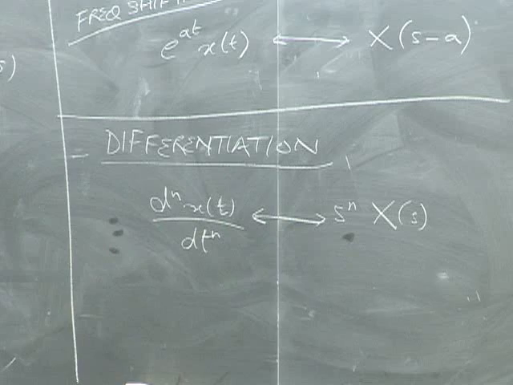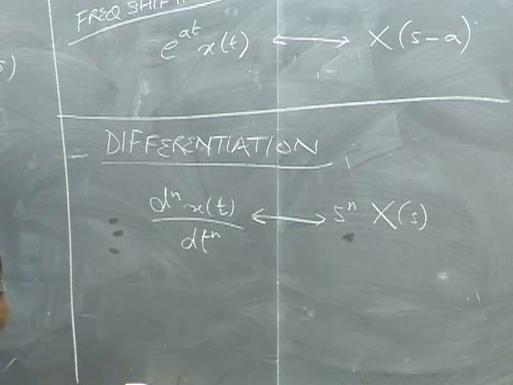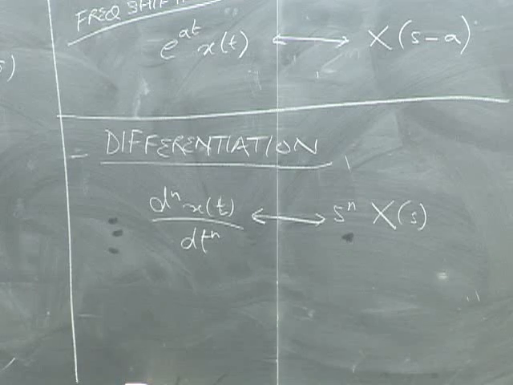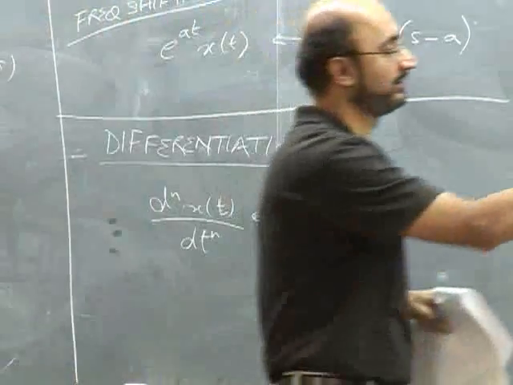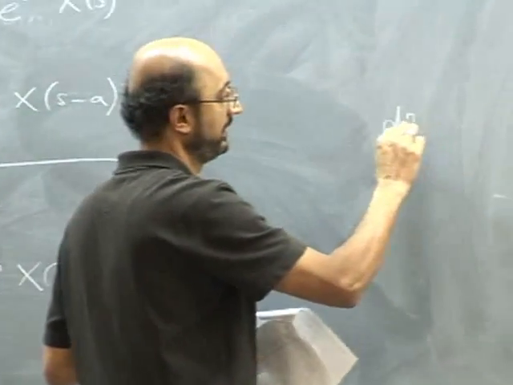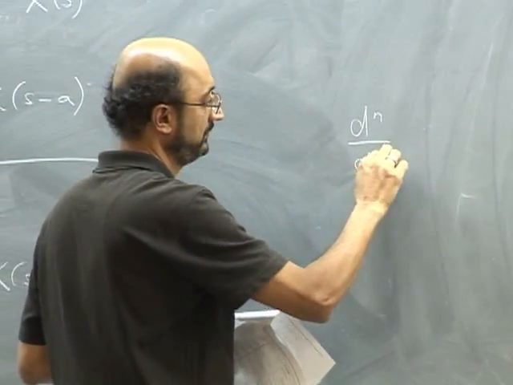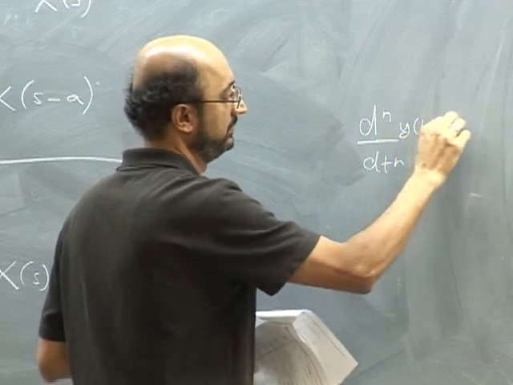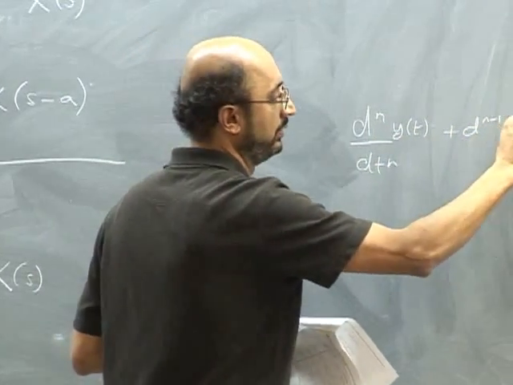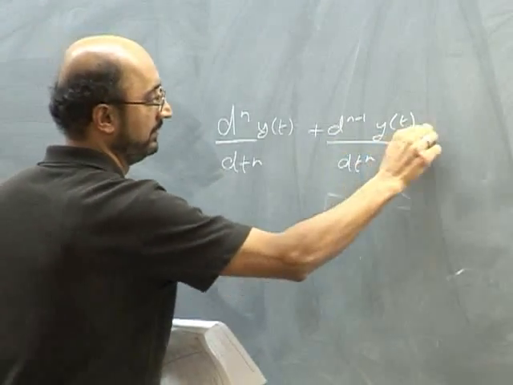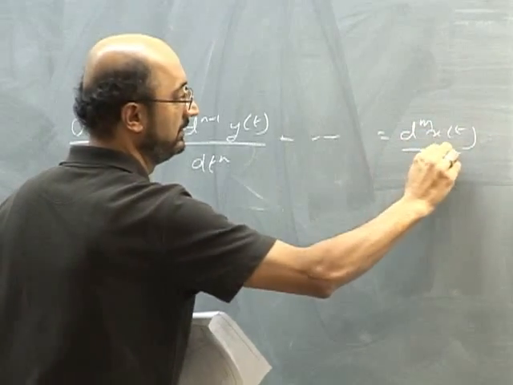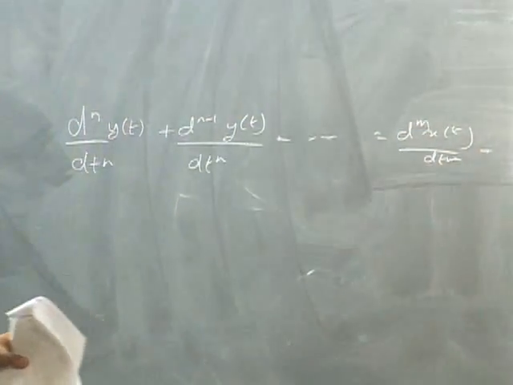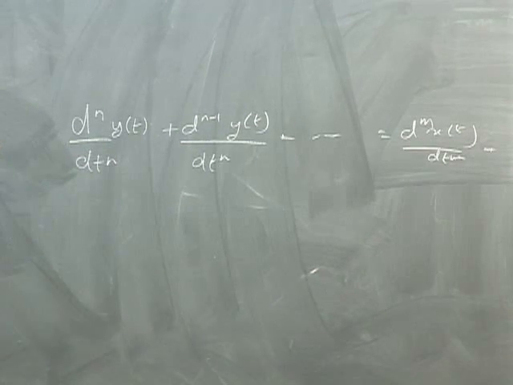So if you remember the standard form for a linear time invariant system, it's d to the n y of t by dt to the n plus d to the n minus 1 y of t by dt to the n minus 1 plus etc. equals d to the m x of t by dt to the m, etc. So ignoring the constant factors, this is a complicated differential equation, right?